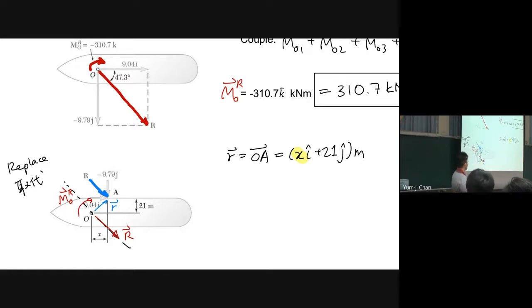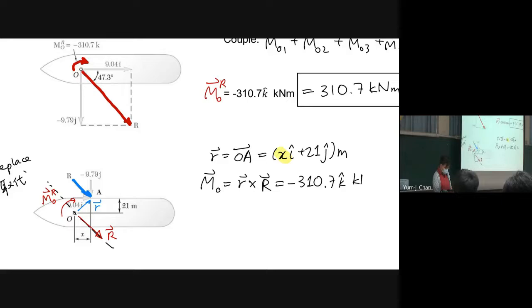And what else do we know? We know MO is equal to r cross R, which is equal to minus 310.7 k kilonewton meter.